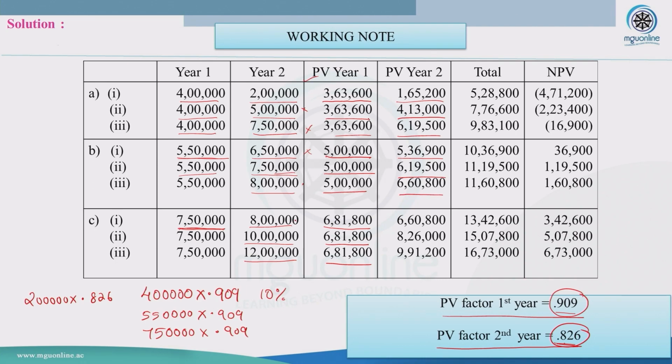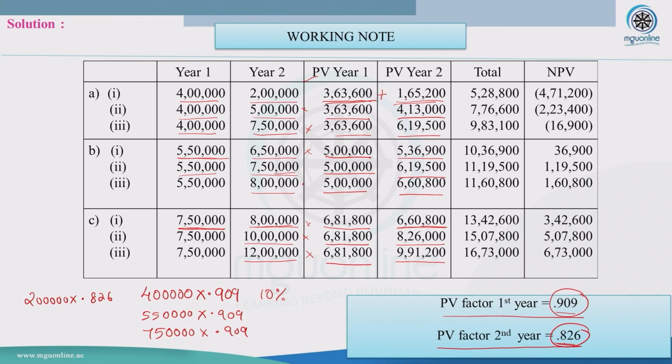Then 8 lakh into 0.826, 6,60,800. 10 lakh into 0.826, 8,26,000. Then 12 lakh into 0.826, 9,91,200.